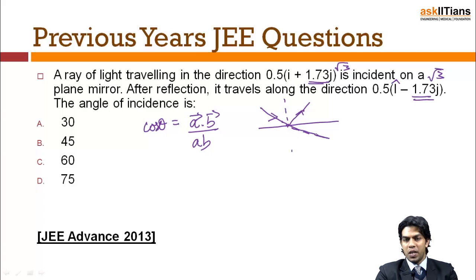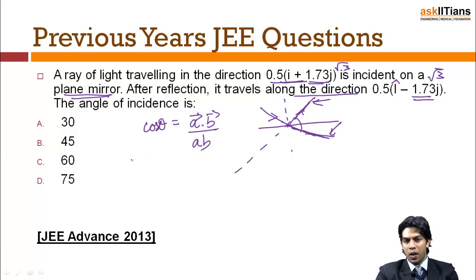Theta is basically the angle between the incident and reflected directions. Given the light travels in the direction of 0.5 this, now it travels along this particular direction. So it's the angle between these two. The vectors corresponding to these two lines are given. I just need to find the angle of incidence.